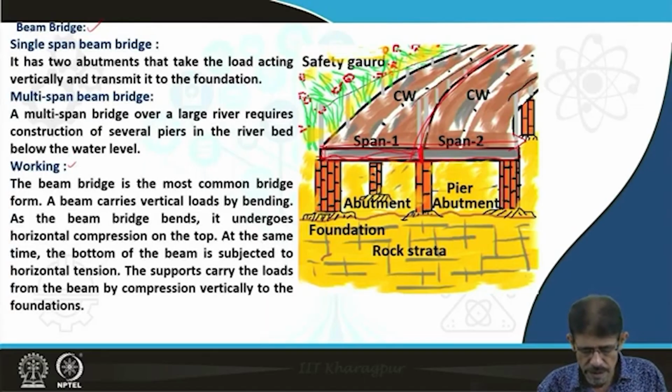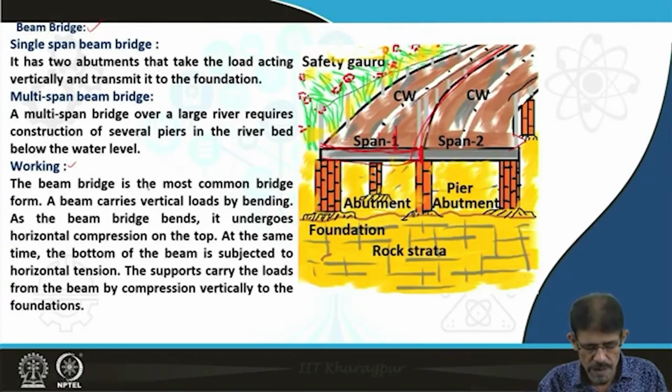Regarding the mechanism of working, when any object in the form of motors or any traffic passes, this beam is under beam loading, where the upper part comes under compression and the lower part comes under tension.